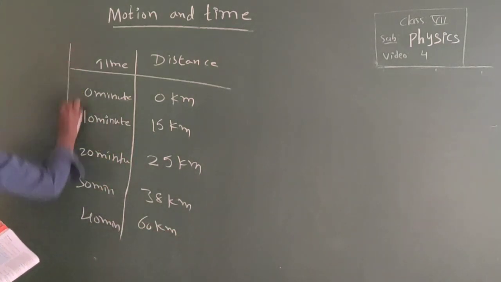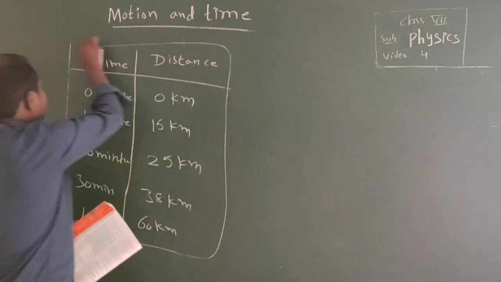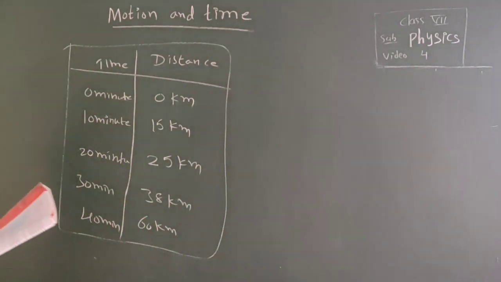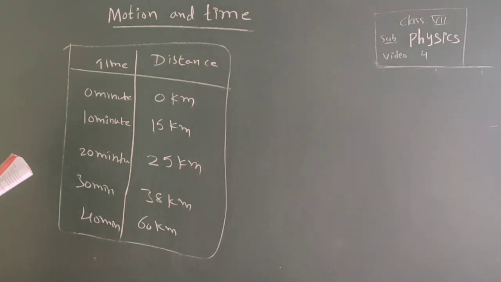From this data, how do you find the speed of the car? Is the speed of the car uniform through the journey?